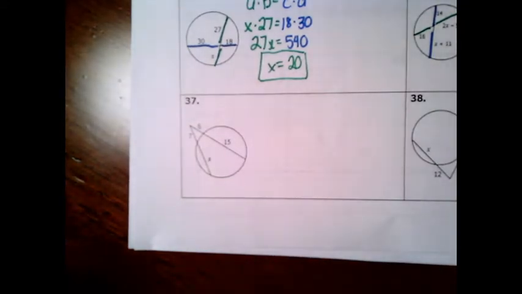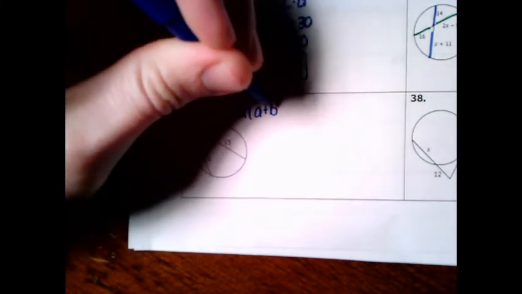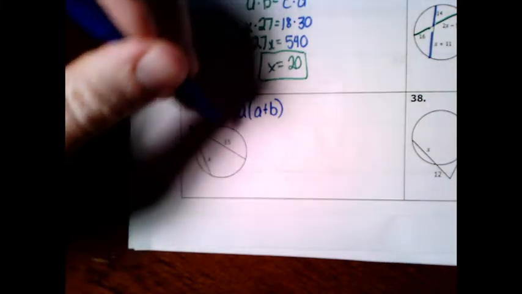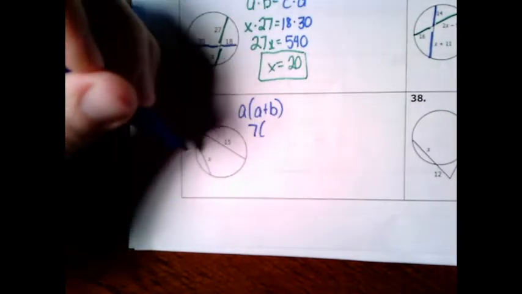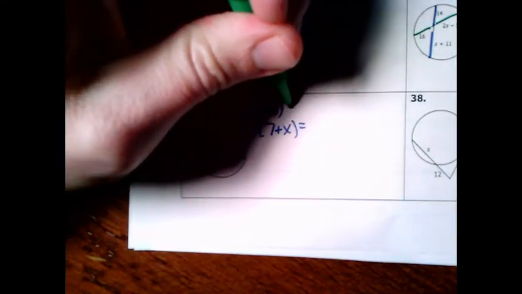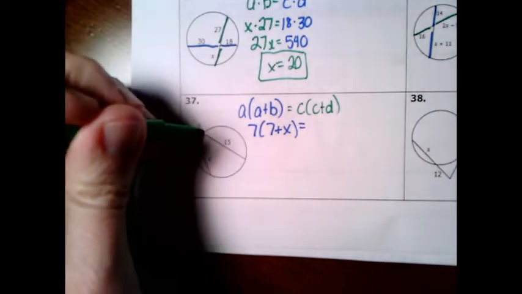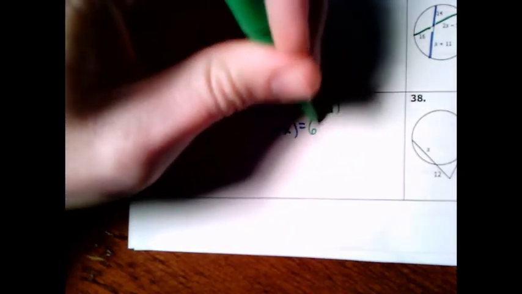37, these are lines that crisscross on the outside, so the formula is A times A plus B. So let's just go ahead and do this part first. A is 7. A is 7 plus B, which is x, equals C times C plus D. Well, C is 6.